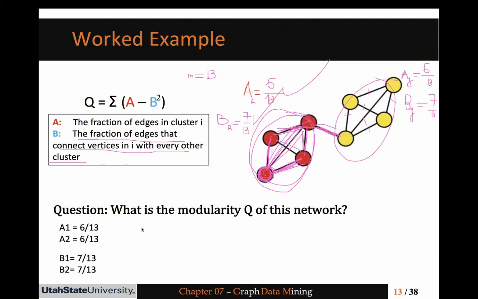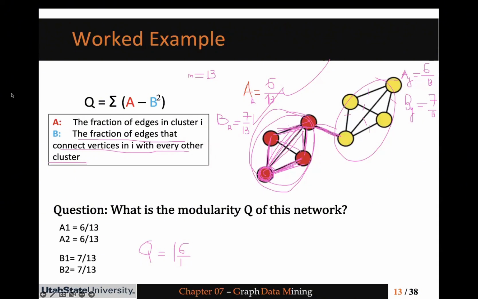Okay, so now the next thing that I need to do is compute my Q, right? So Q is the sum of A minus B squared. So in this case, it's 6 over 13, right? So that's for the first community that I have here.